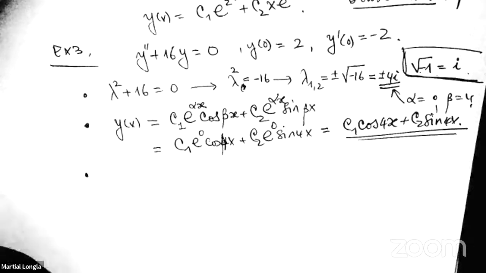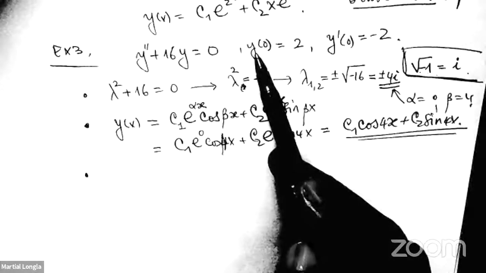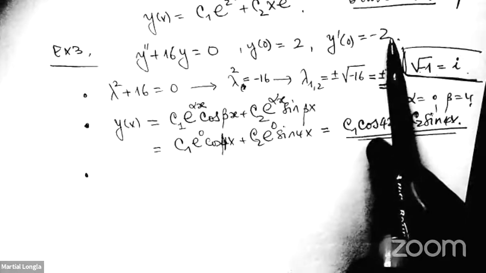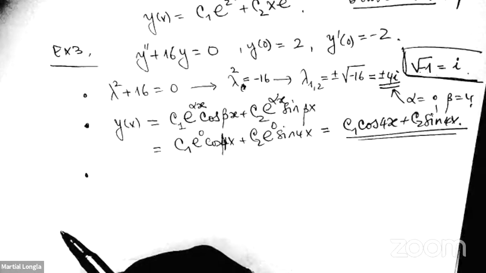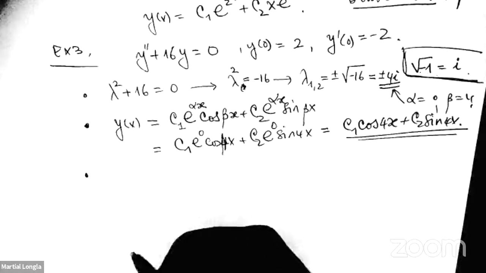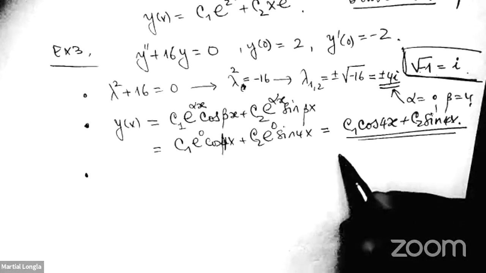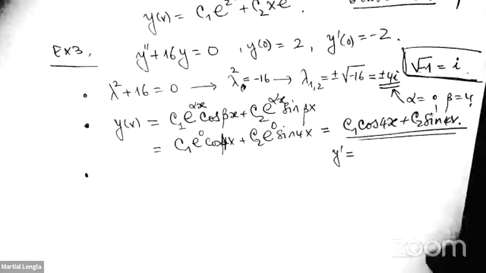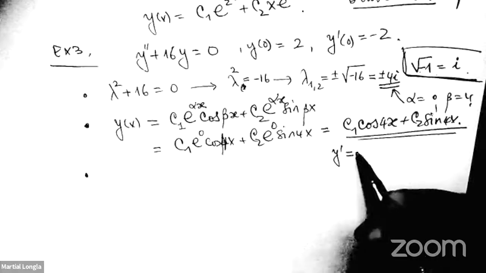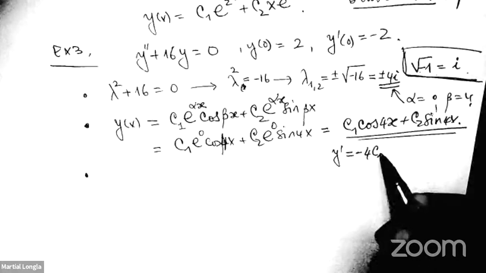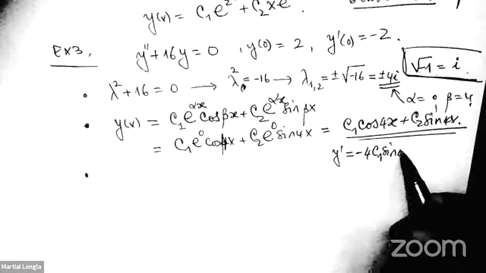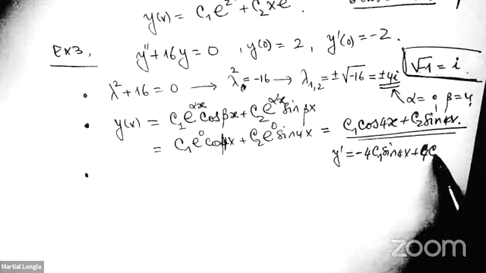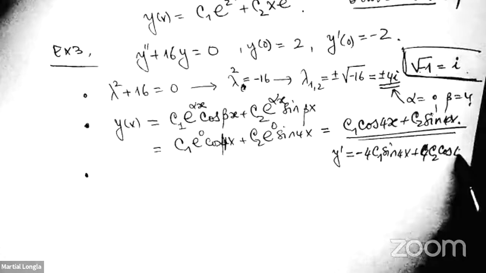But unfortunately, in this problem, it also said y of 0 is 2 and y prime of 0 is negative 2. So we got to use those. Therefore, we need to find the derivative also, to make sure we can plug in 0 and negative 2. The derivative of this is negative 4 C1 sine of 4x plus 4 C2 cosine of 4x.